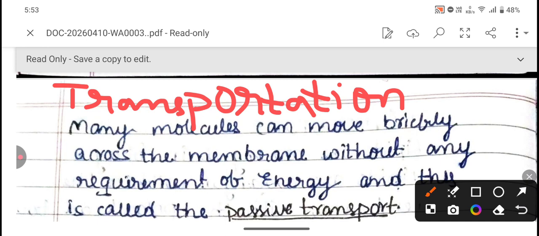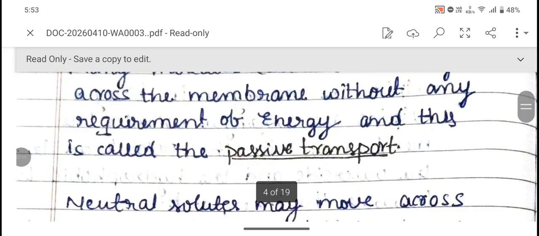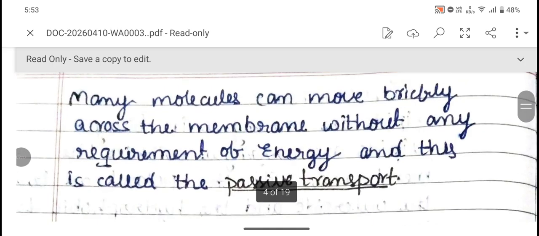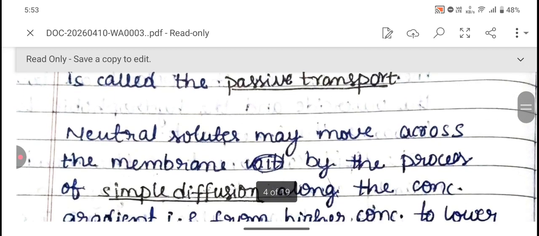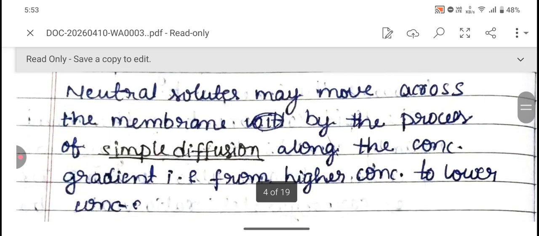The transportation process which requires energy is known as active transport. Neutral solutes may move across the membrane by simple diffusion along the concentration gradient, that is, from higher concentration to lower concentration.